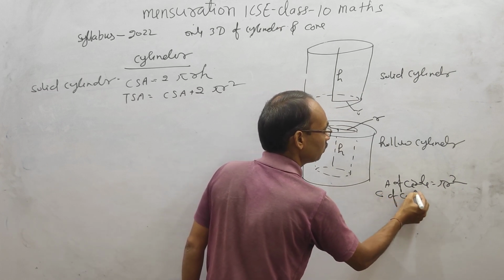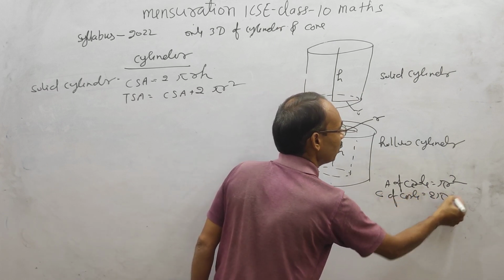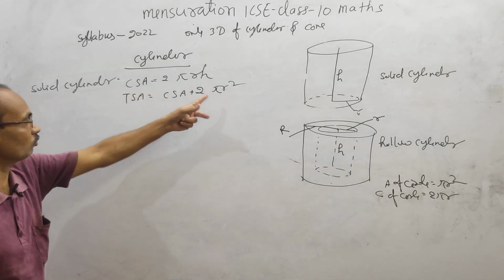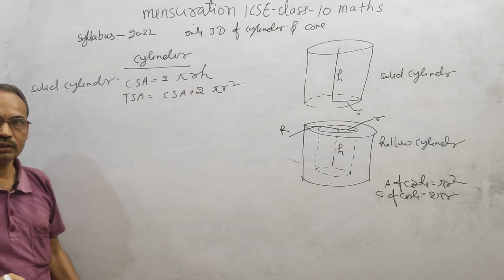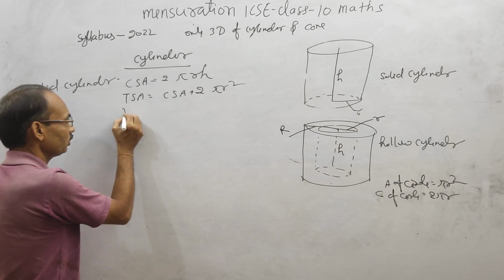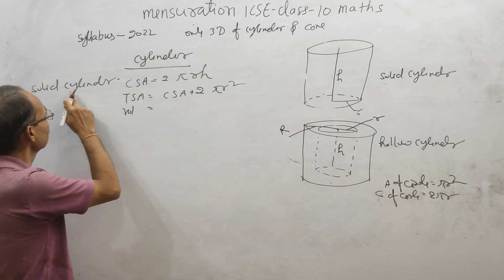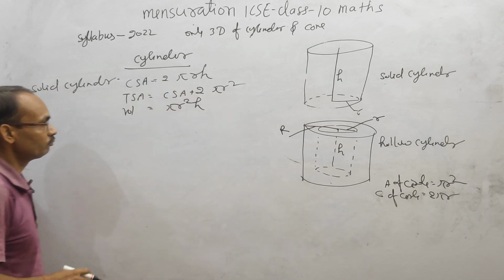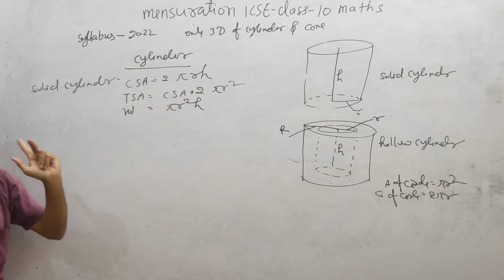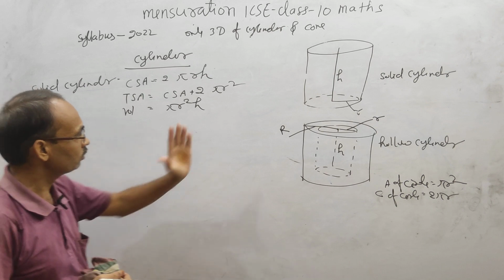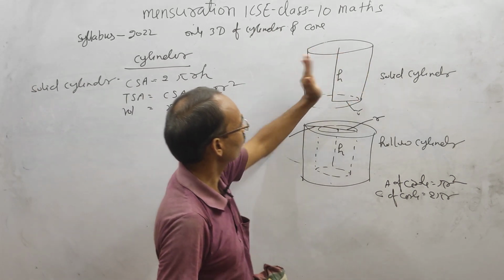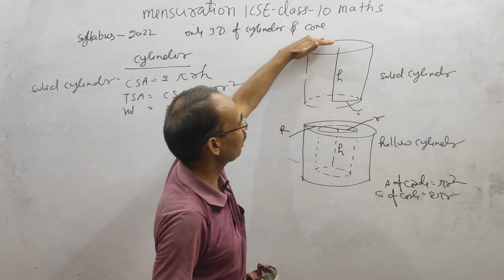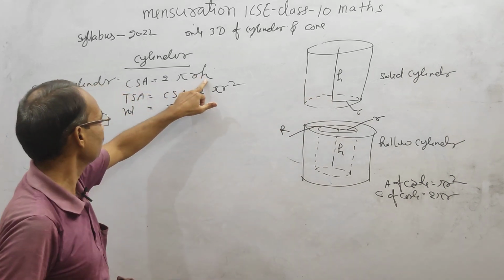Circumference of circle is 2 pi r, and the formulas are for curved surface area, total surface area, and the volume of the solid cylinder, which is pi r square h. This is the formula of the solid cylinder. Curved surface area means only the curved part, not the upper and lower part: 2 pi r h.